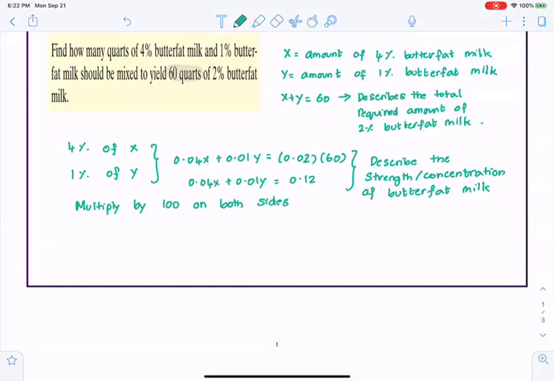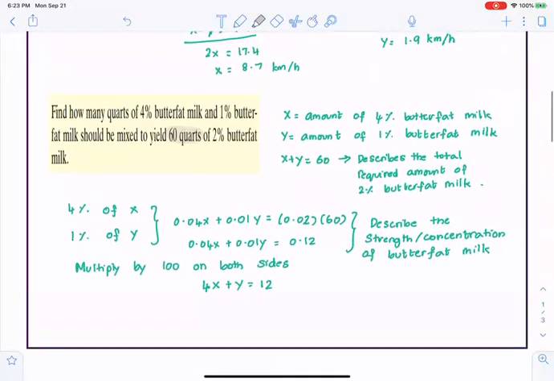So that would give me 100 times 0.04, which is 4x, 100 times 0.01, which is simply y, 100 times 0.12, we get 12. So I have equation 1, which is x plus y equals 60. That comes from the amount of milk that we want finally, which is 60.